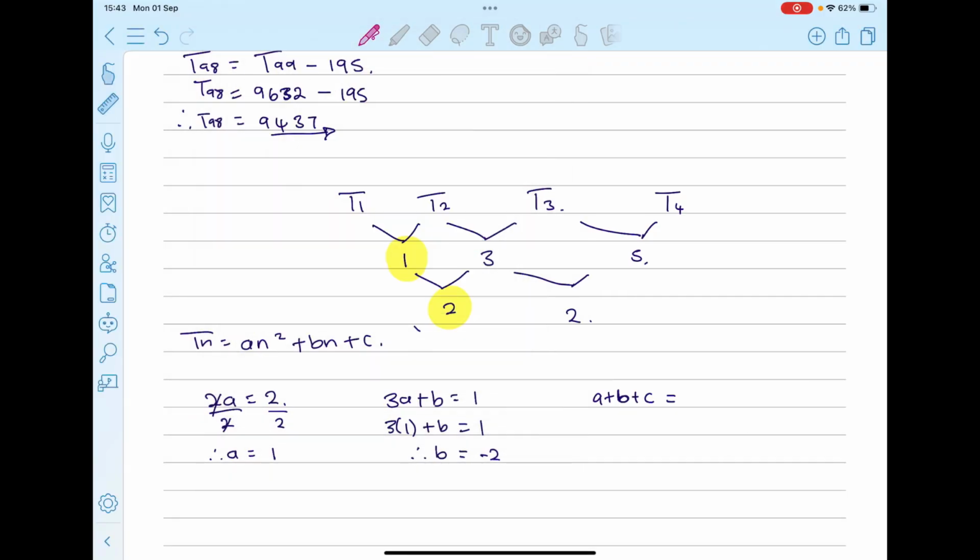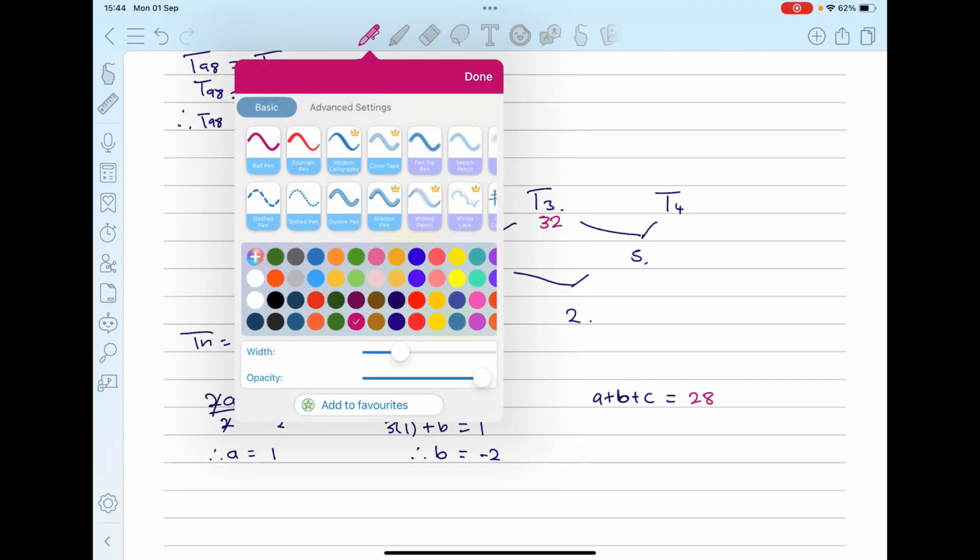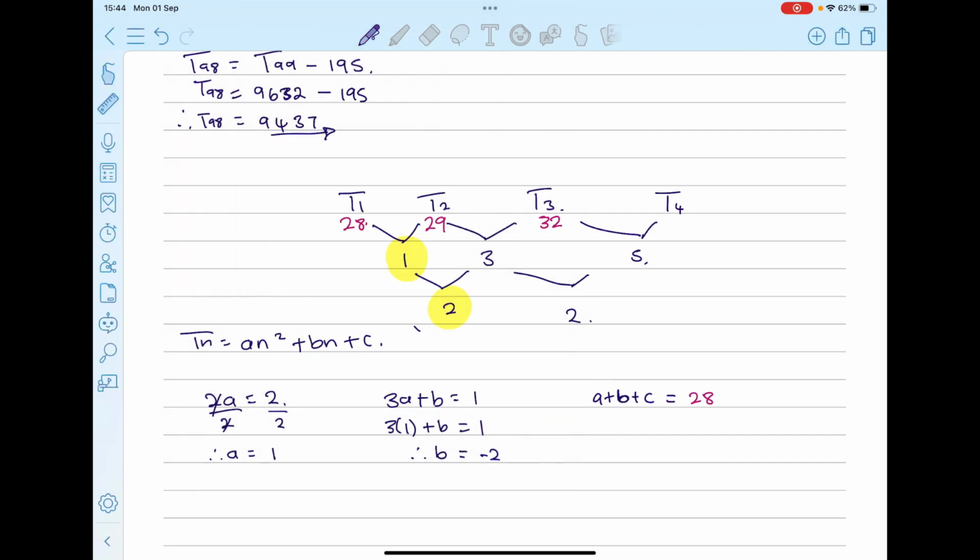So over here, if we've got 32, that means minus 3, you get 29. And then minus 1, you get 28. That means here it will be 28. And we can proceed with our calculation.